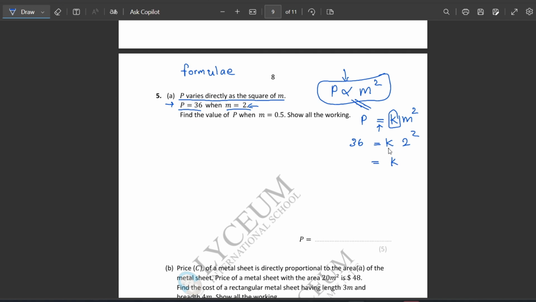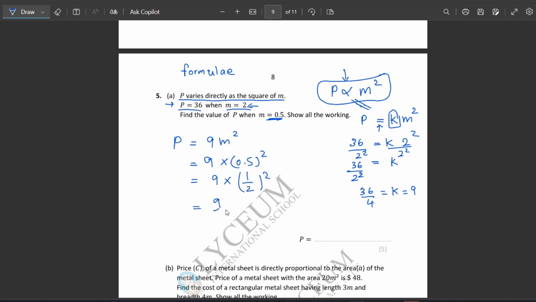K equals, if we divide both sides by 2 square, 36 over 2 square. That means 36 divided by 4 equals K. So K equals 9. So now we know the value of K. So now we know the equation, 9 times m square. So m is given. We have to find the P. We can write 0.5 as 1 over 2.